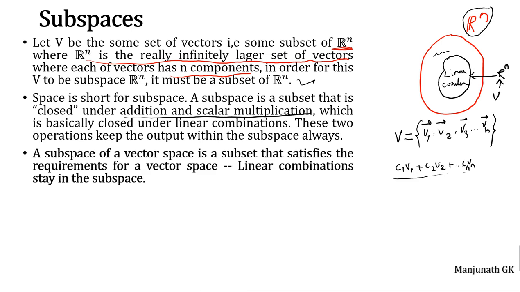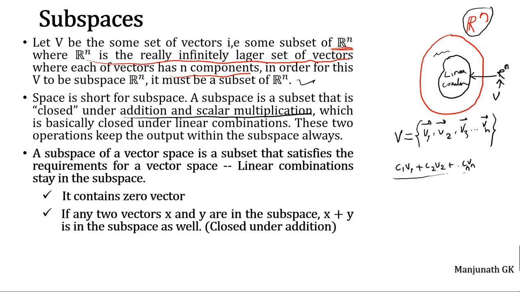All right. Based on these two concepts, let us define a subspace. A subspace of a vector space is a subset that satisfies the requirements for a vector space. That is, linear combinations stay in the subspace. Only linear combinations, not more than that. So the first condition is it contains a zero vector. In this region, we should find a zero vector.